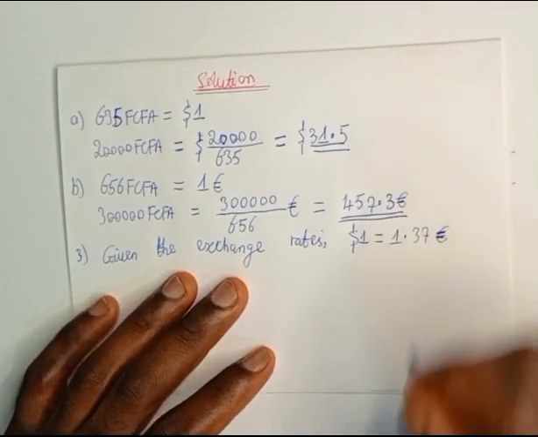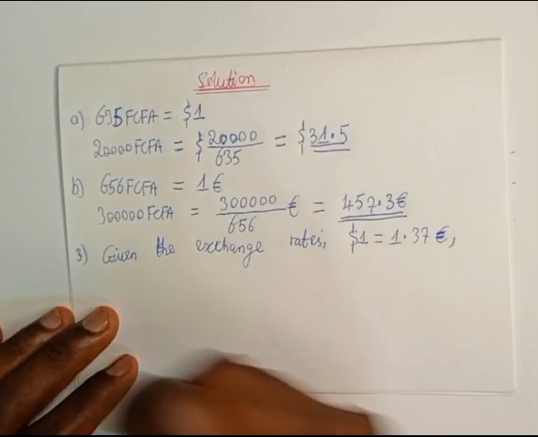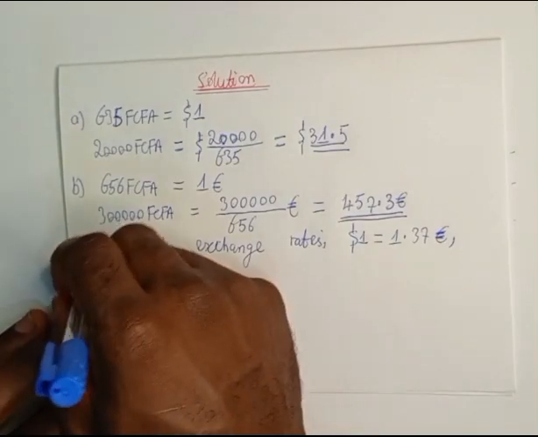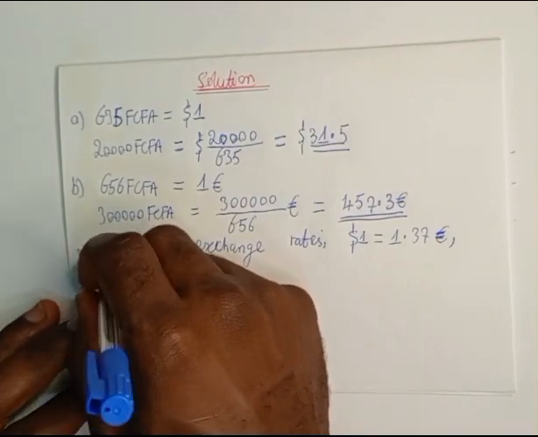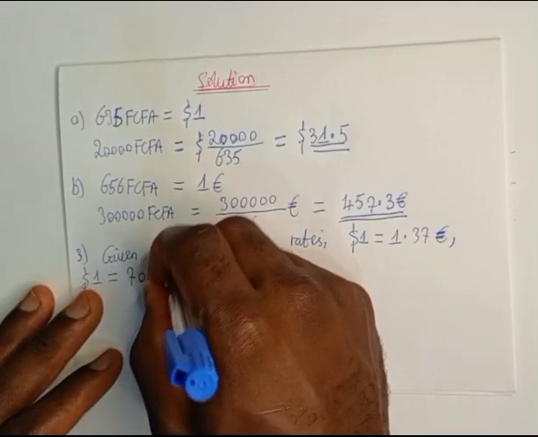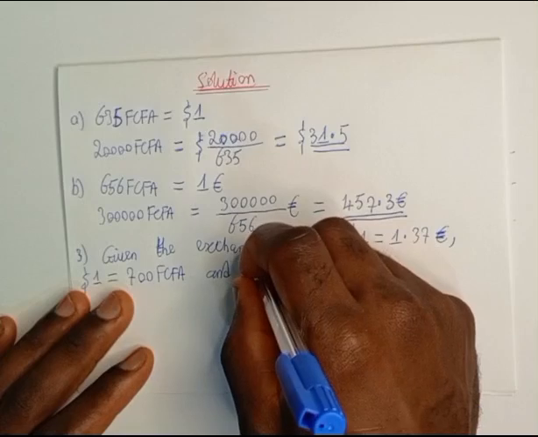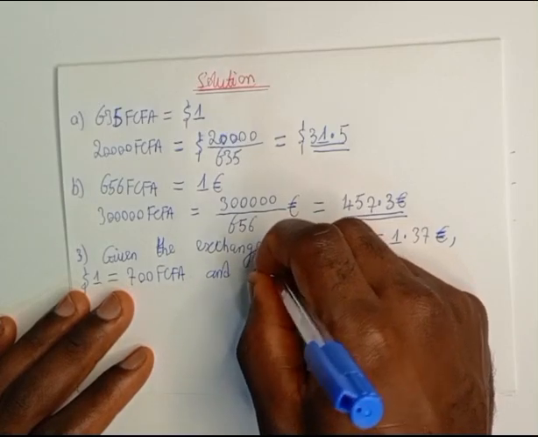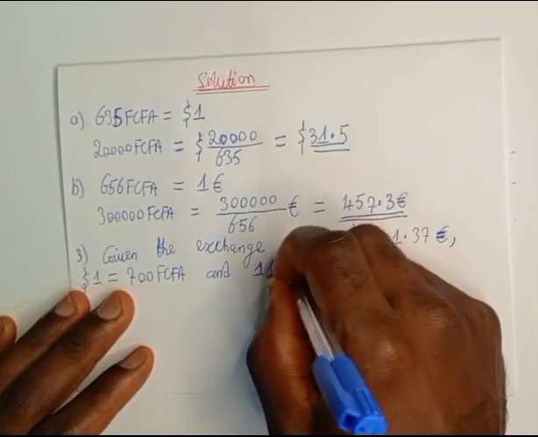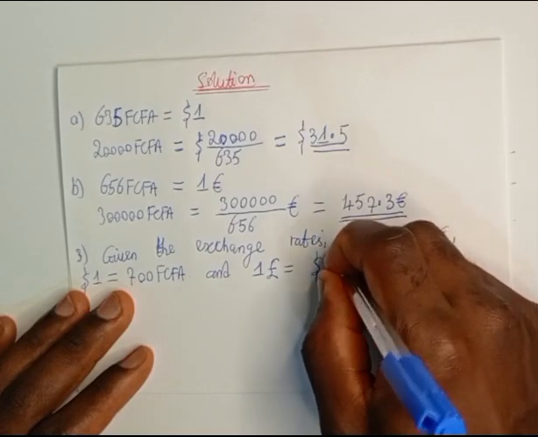It's just for this question. We are not saying that $1 is equal to 1.37 euros. Next, $1 is equal to 700 francs CFA, and 1 pound is equal to $1.54.